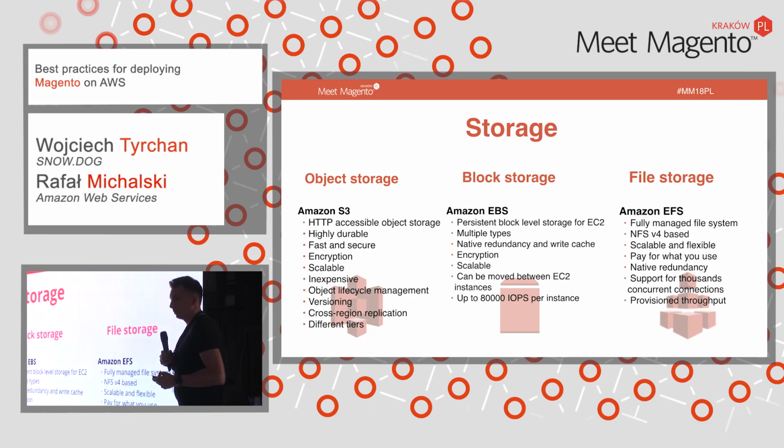You will only pay for what you use. Also, it supports native redundancy, so it's deployed automatically across three availability zones. So, in case of losing one availability zone, you still have the storage and the files that you put on the NFS. And it supports thousands of concurrent connections.